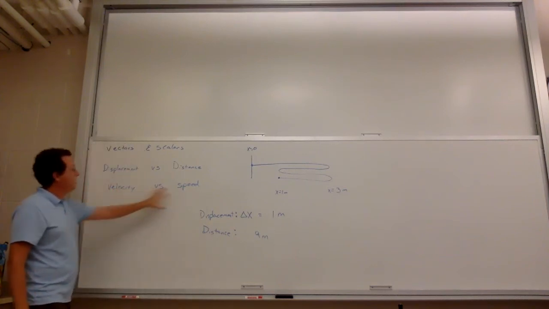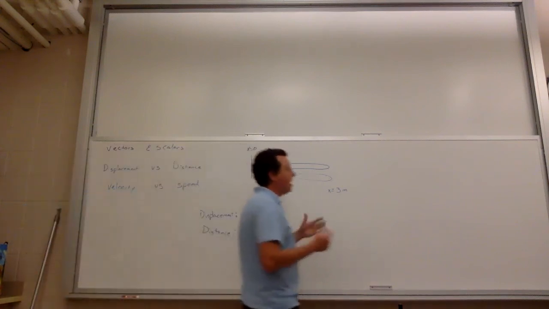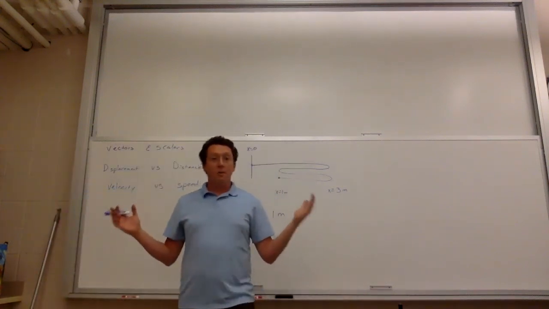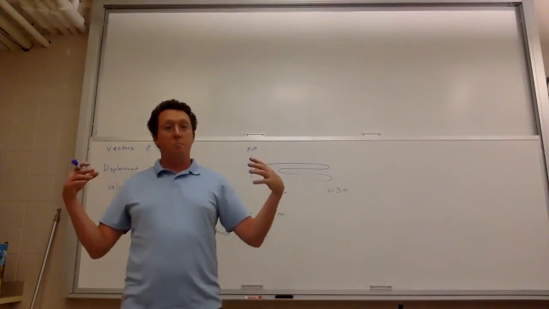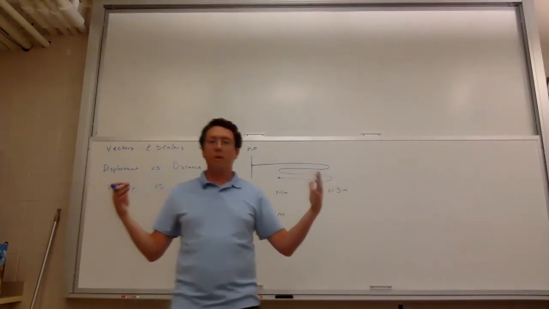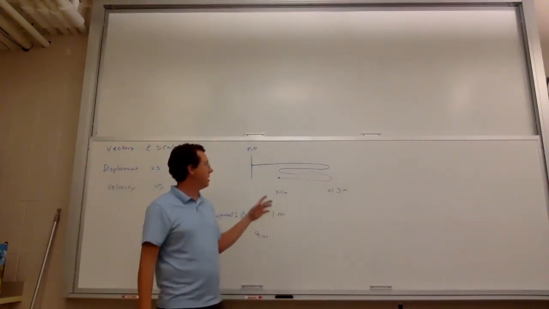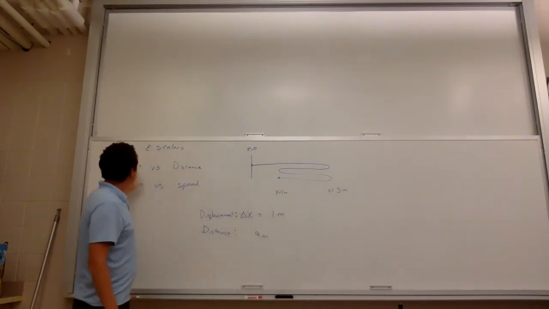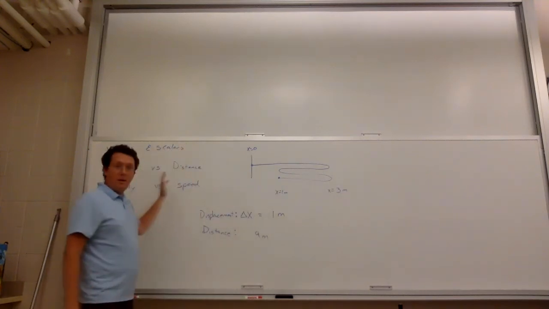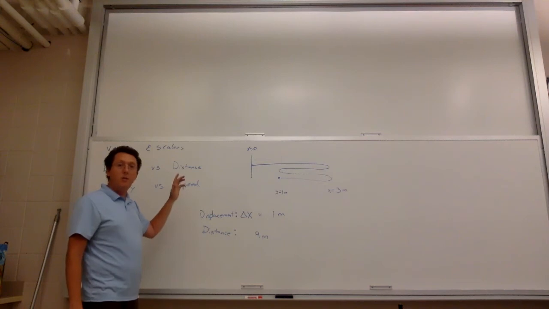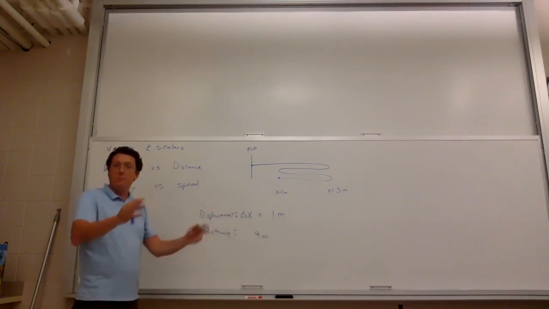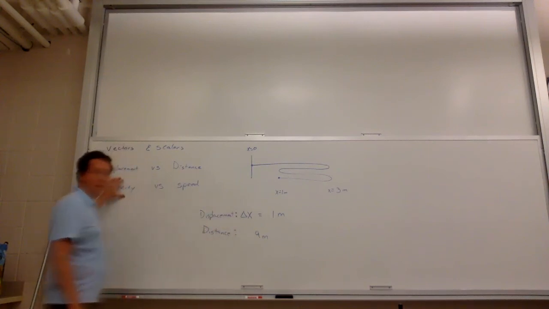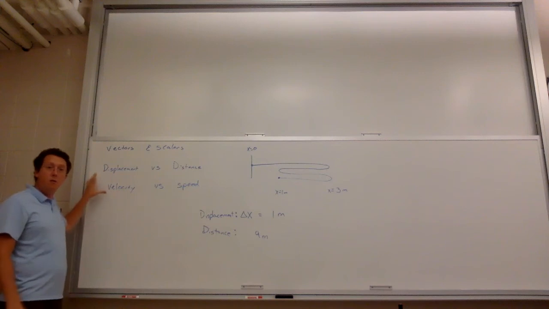What about velocity and speed? Velocity we've already seen. Velocity is the rate of change of position, or the rate of change of displacement, same thing. Because changes in position are different whether you're going forwards or backwards, velocity knows about orientation in space.